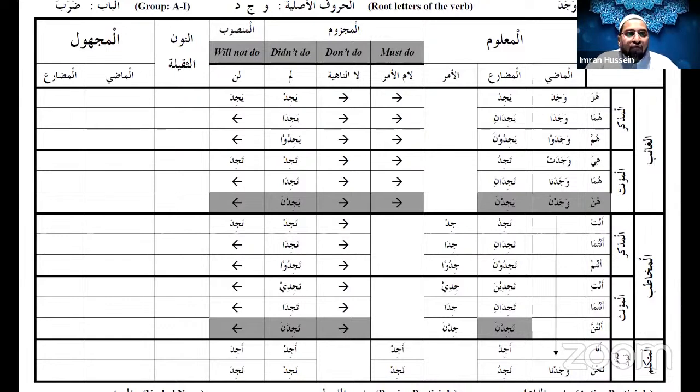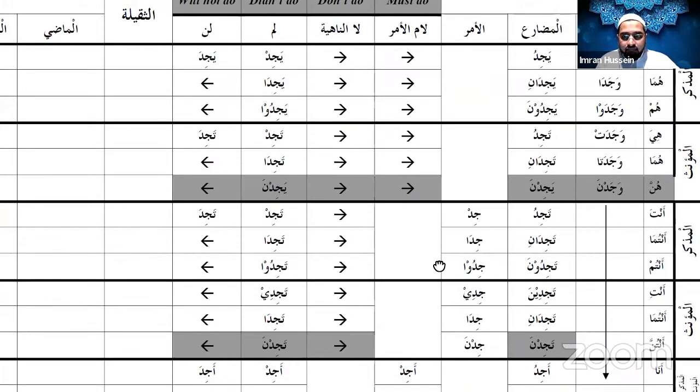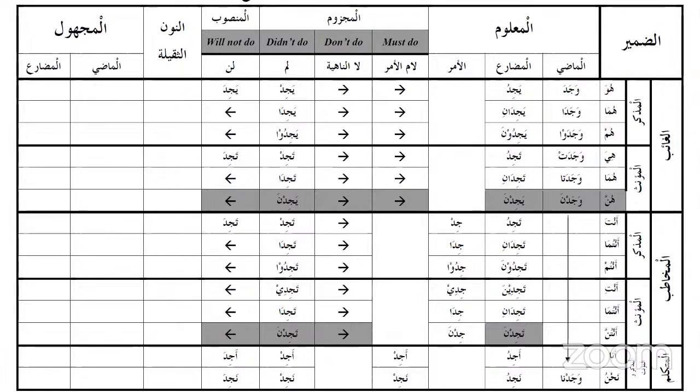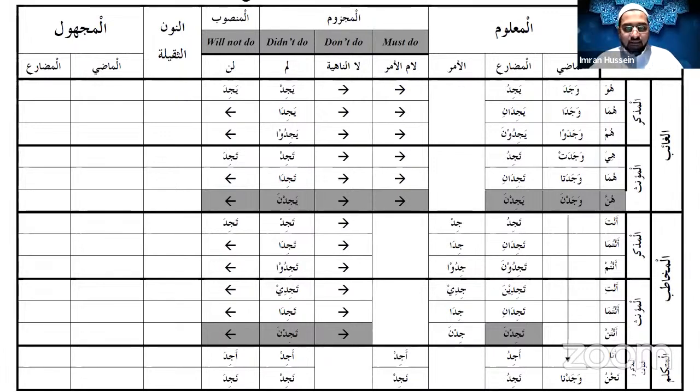It was difficult for the Arabs to say it, so they dropped the waw and said yajidu. When you see yajidu, how many letters are there after the ya? Two. Exactly, so the waw of the past tense is dropped in the present tense.